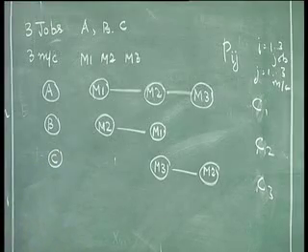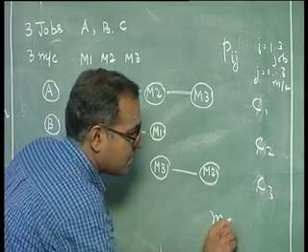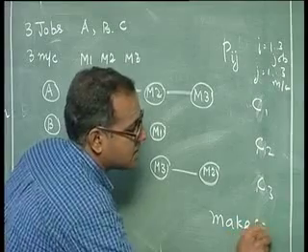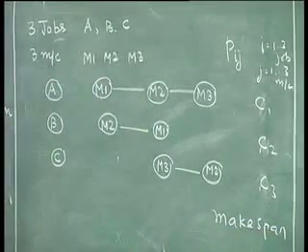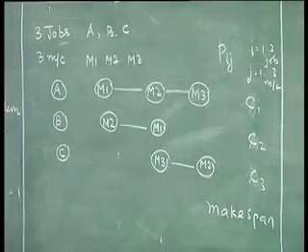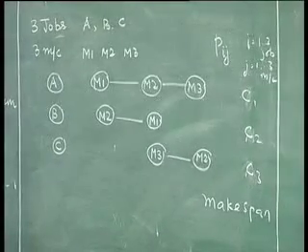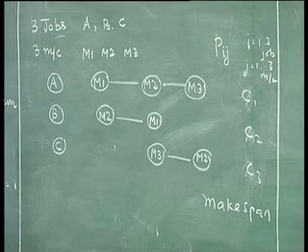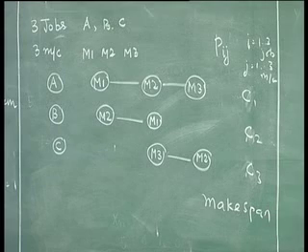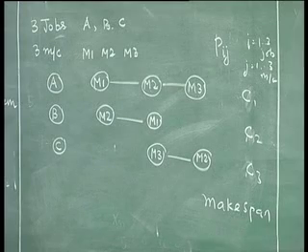What I want to minimize is called the makespan, which is the time at which all the jobs are over. It is something like all the 3 jobs are to be done for the same customer. So, when all the 3 jobs are finished, I can pack them and send it to the customer. So, I want to send it to the customer at the earliest, and this is what I want to minimize. Now, I want to find out how I schedule these jobs in the system such that I minimize this.